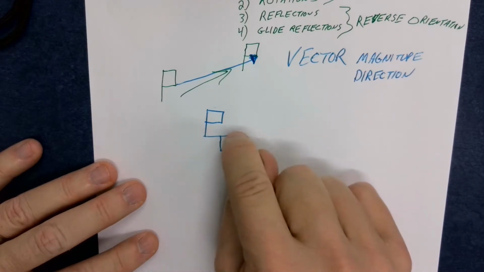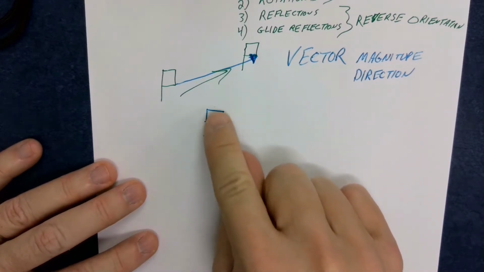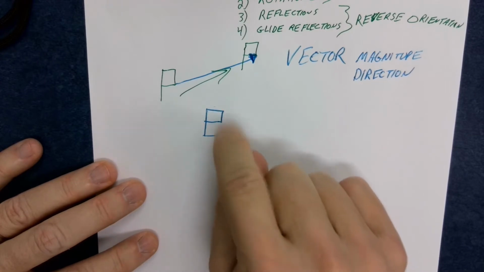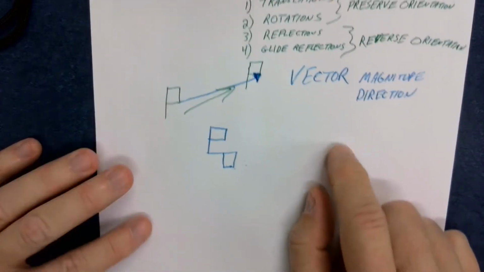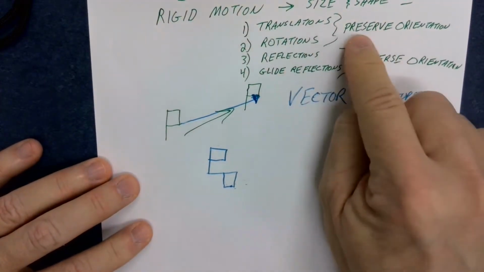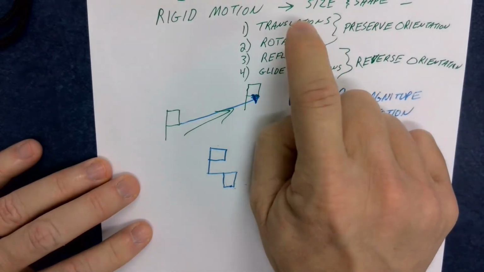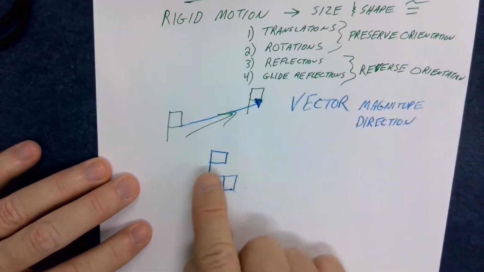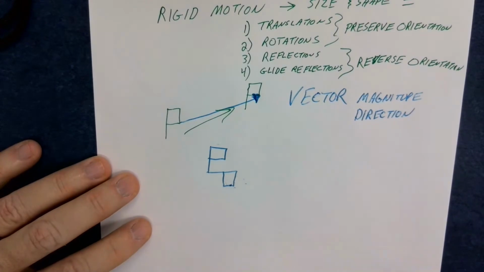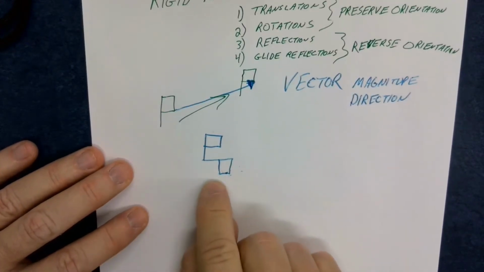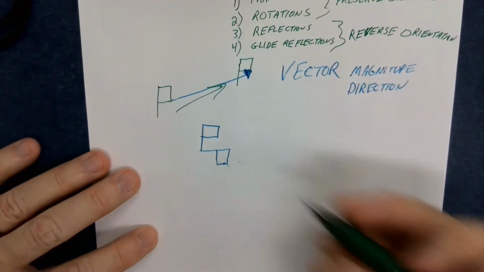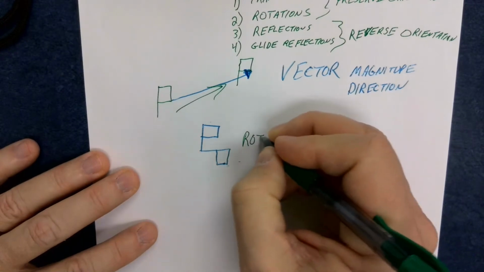And if I go up the flagpole and around the flag, that one's also clockwise. So that means these two things have the same orientation. So we know if they preserve orientation, they have to be either a translation or rotation. And this is obvious that I can't slide that one directly on top of that one. So this is a rotation.